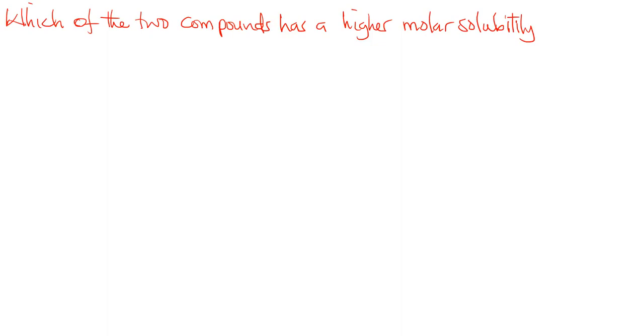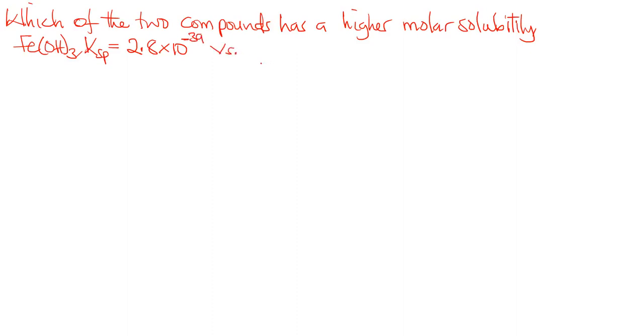So we are given the two compounds. The compounds are as follows: Fe(OH)3 with a KSP of 2.8 times 10 to the power negative 39.